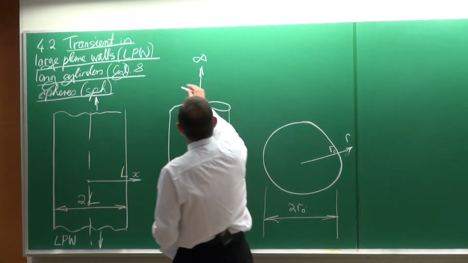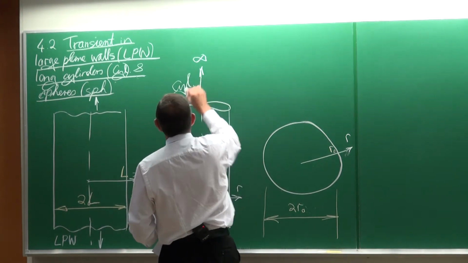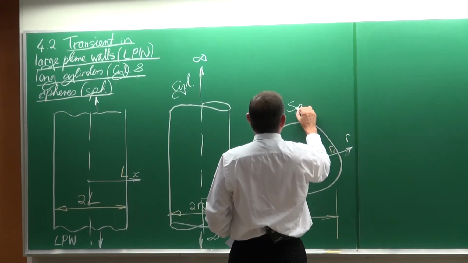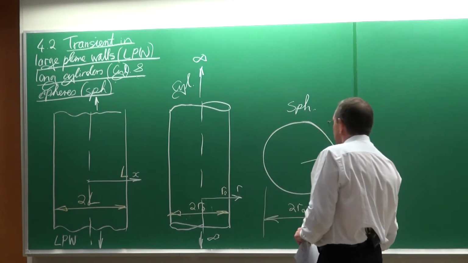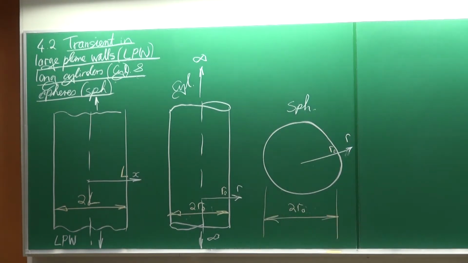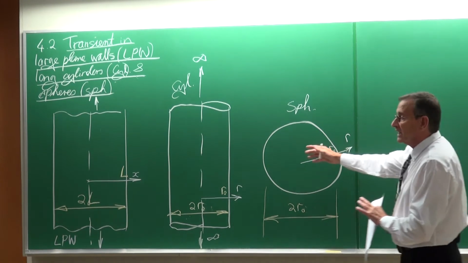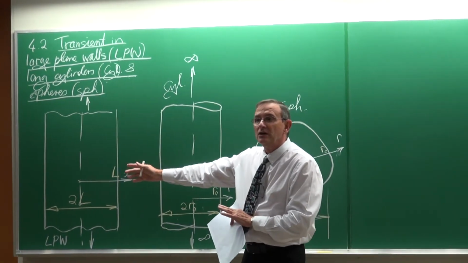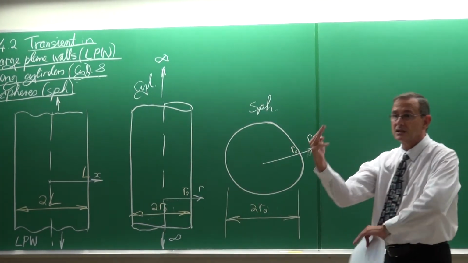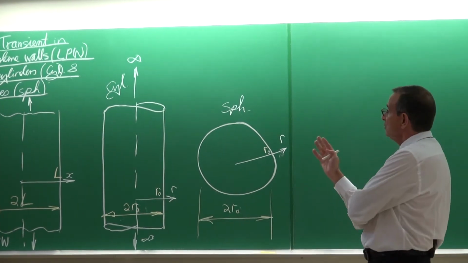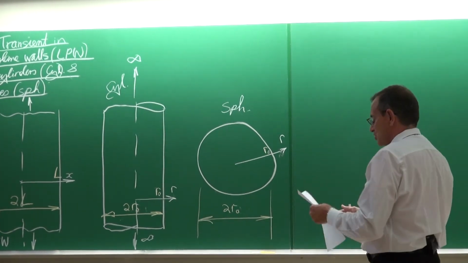This is a cylinder, CYL, and this is the sphere, SPH. In this paragraph, we are going to get analytical solutions for these three types of geometries. Simple geometries, just to start with.